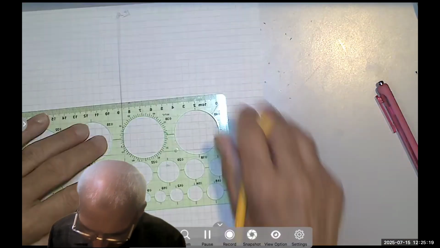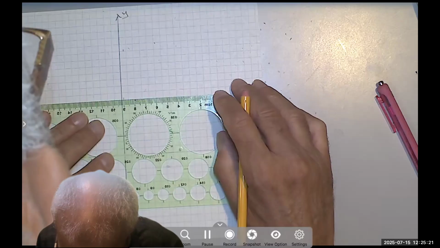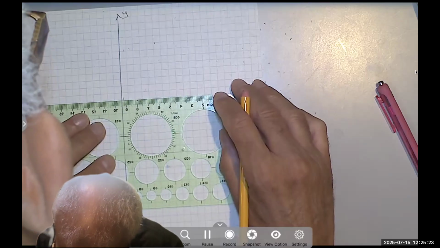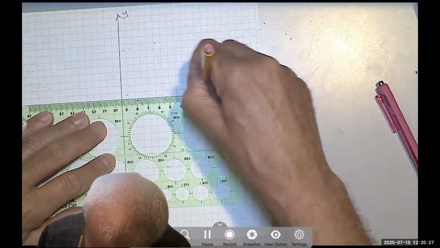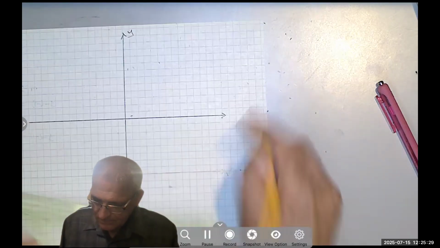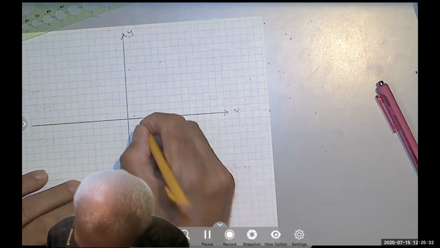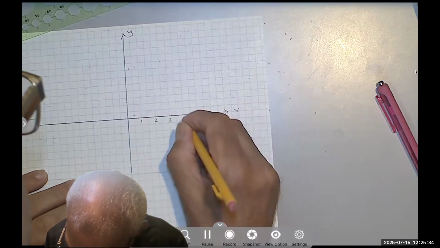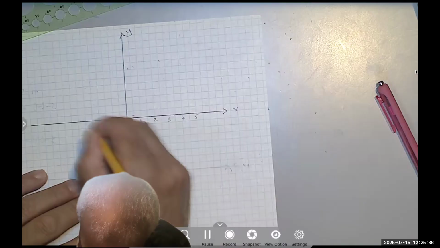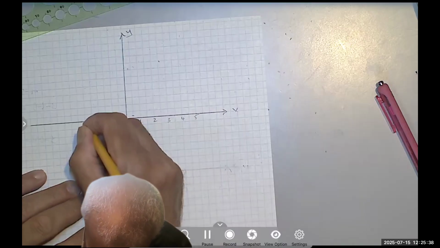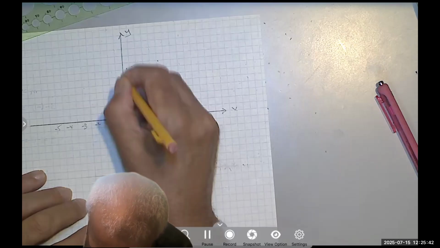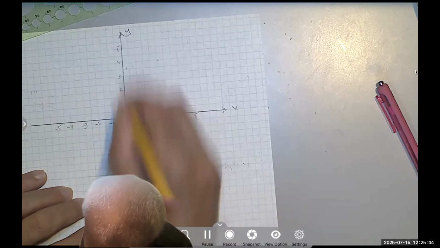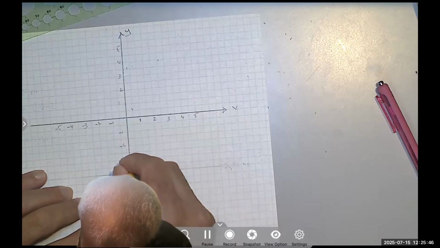So it's better to have the x little higher here. Okay. So let's say 1, 2, 3, 4, 5, -1, -2, -3, -4, and -5.